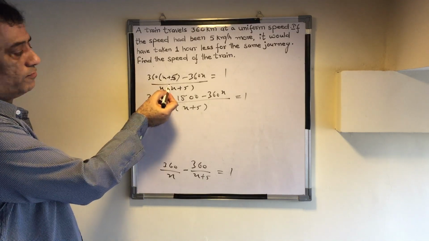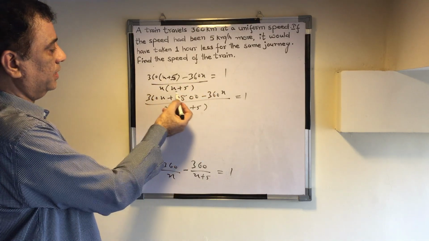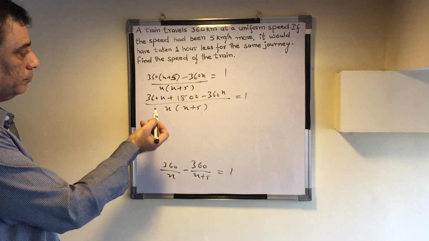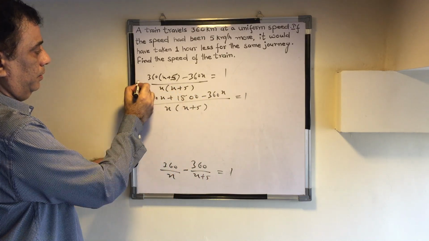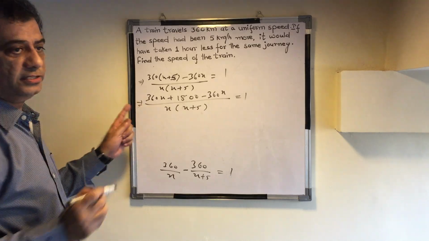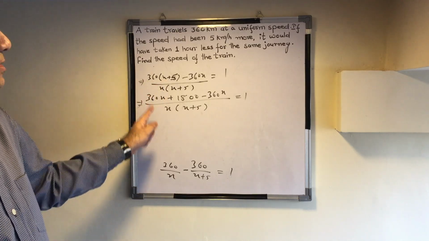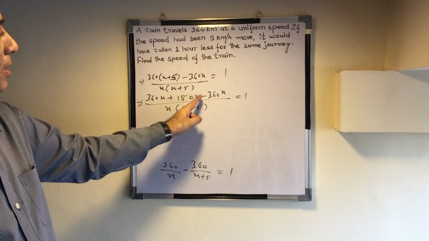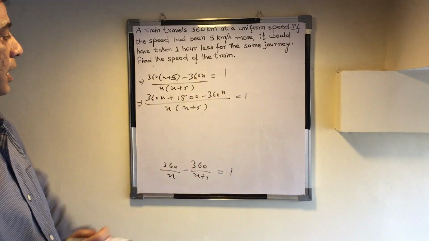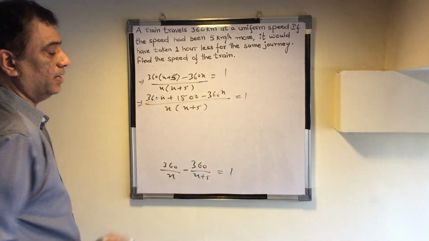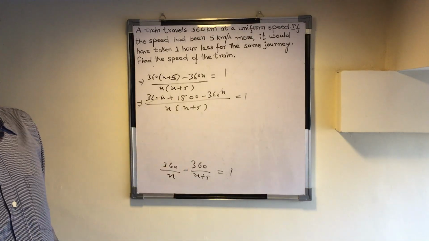360 into x plus 5 minus 360x upon x into x plus 5 equals 1. Next step: 360 into x is 360x, 360 into 5 is 1800, minus 360x upon this. Now you see we can cancel this plus 360x with minus 360x.